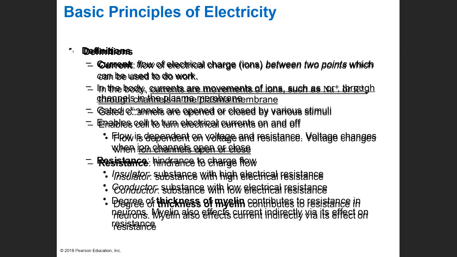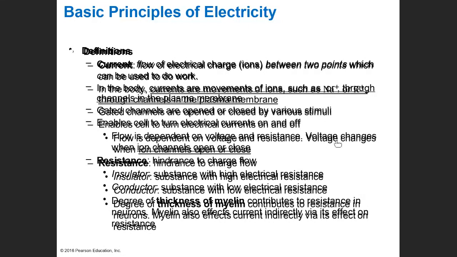So, current depends on channel activity. Whether or not an ion is going to flow into or out of a cell obviously depends on whether its channel is open or closed. So the configuration of a channel at any given moment is going to dictate that.